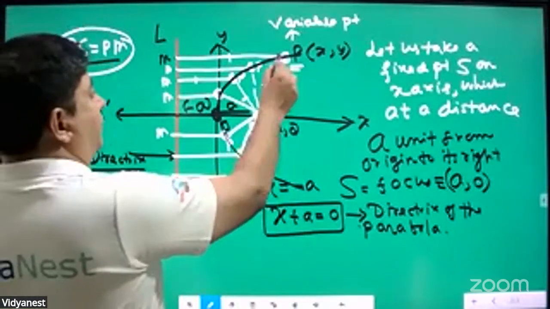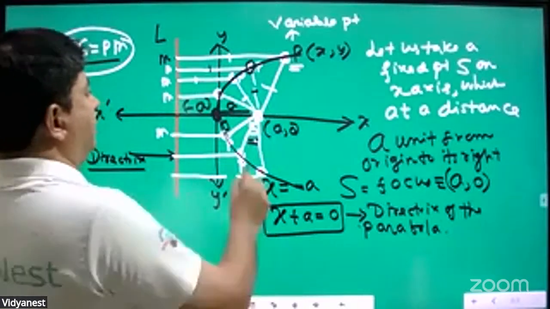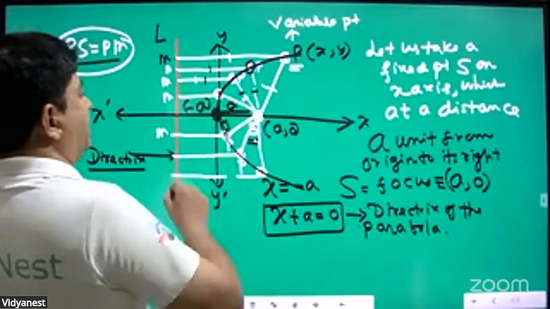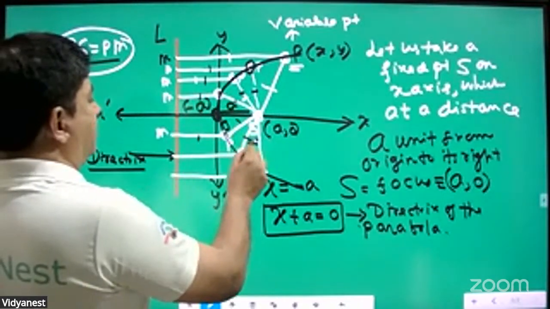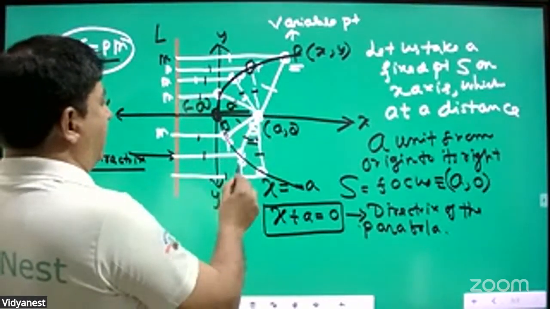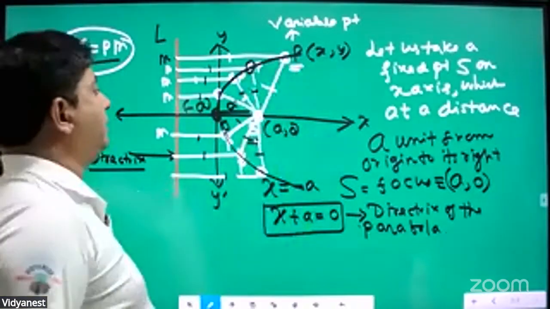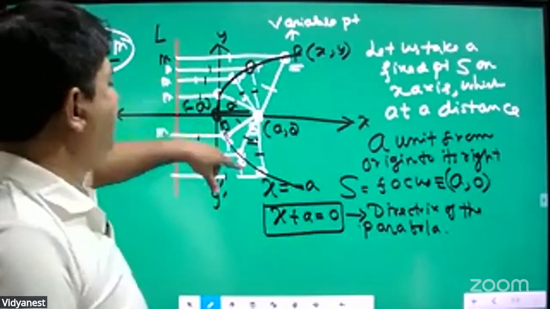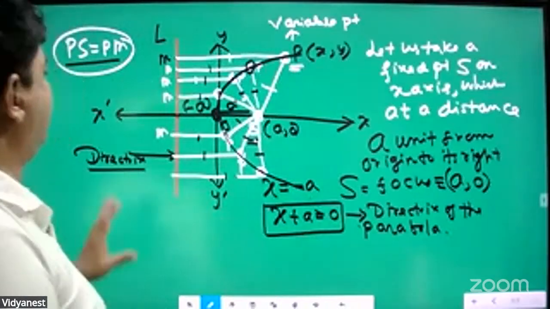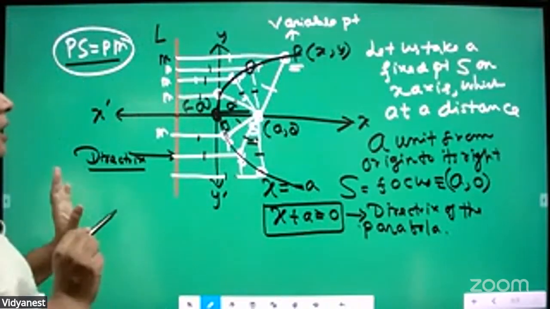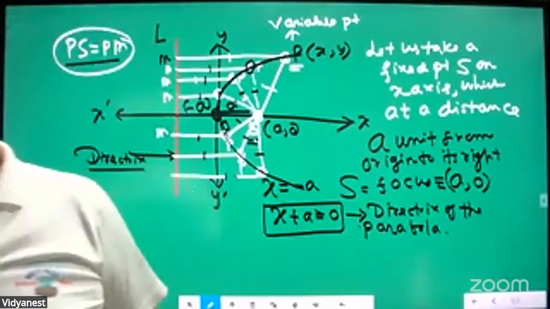Wherever the point P reaches, PS is equal to PM. And if you connect the path left by this point, that will give you the parabolic path. So this is the basic idea for the formation of a parabola. Okay.